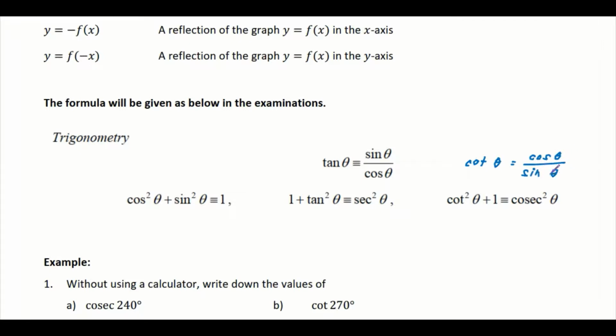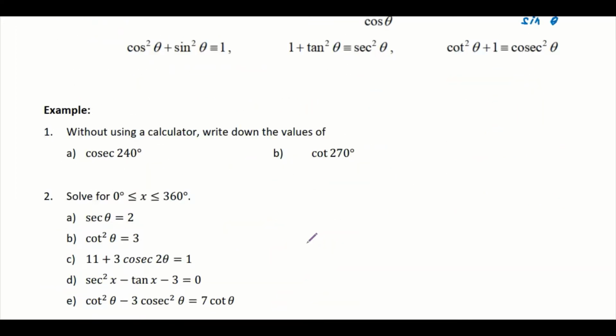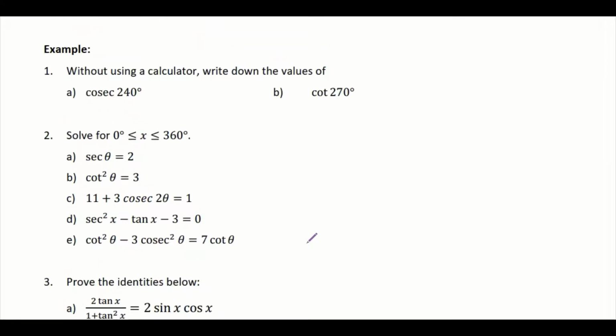So this is the thing that you need to remember yourself. Also, cotangent is the reciprocal for tangent, cosecant is the reciprocal for sine, and secant is the reciprocal for cos. Those are the things you need to remember yourself. Now we'll be looking at 3 examples, then after that we'll end the lesson.